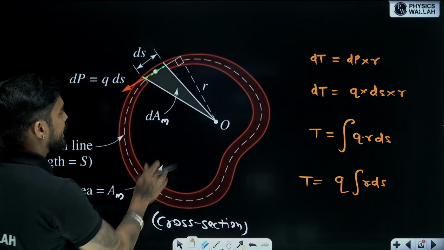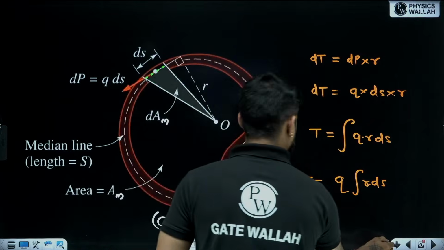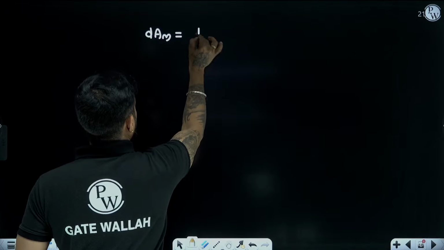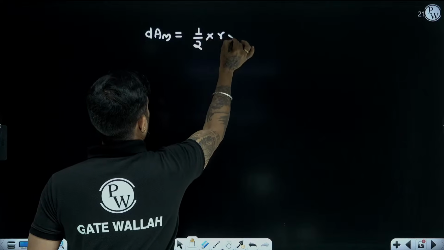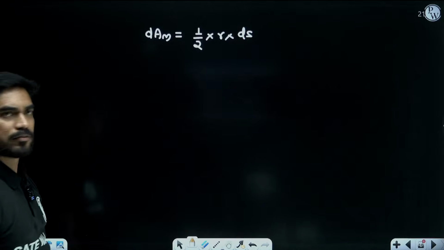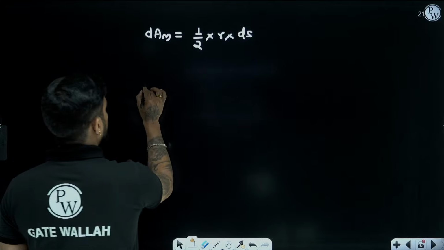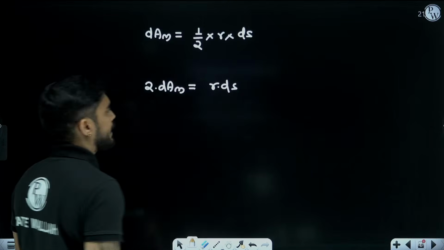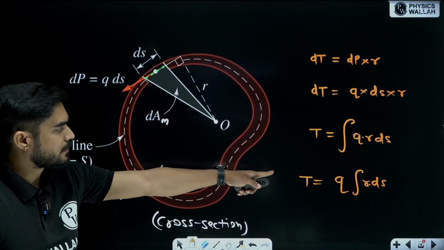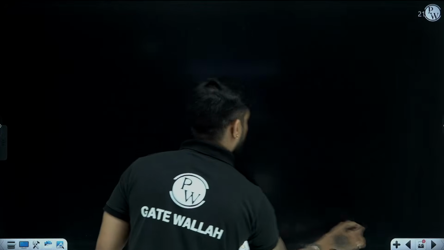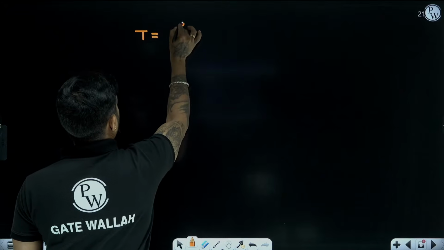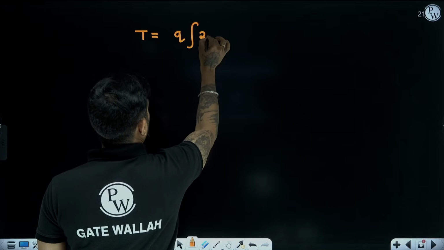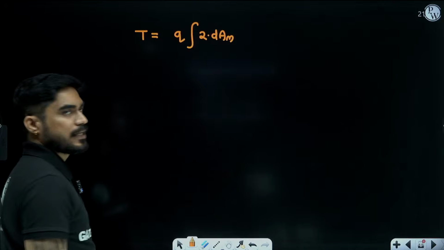So what will be this dAm? dAm can be written as half into base into height, right? So 2 into dAm will be equal to this r into ds. So from here, T will be q into the integration of 2 into dAm.